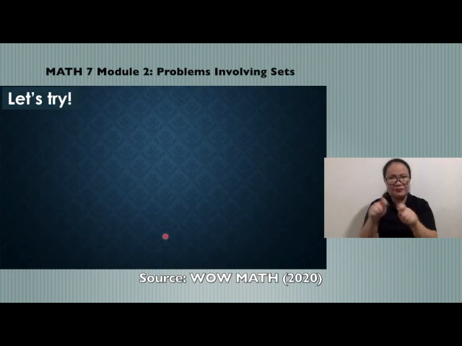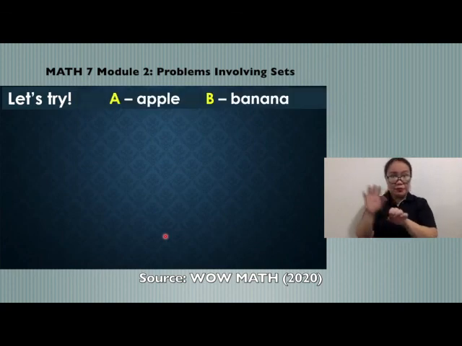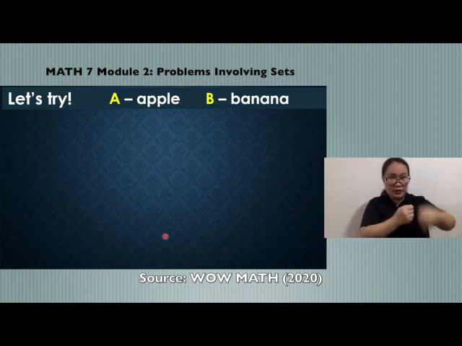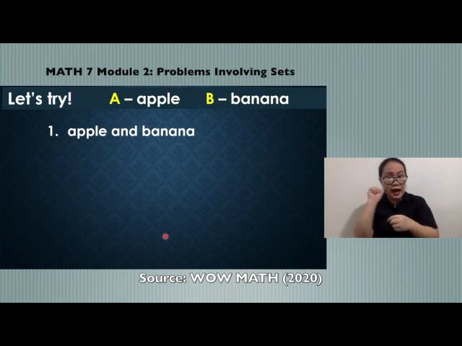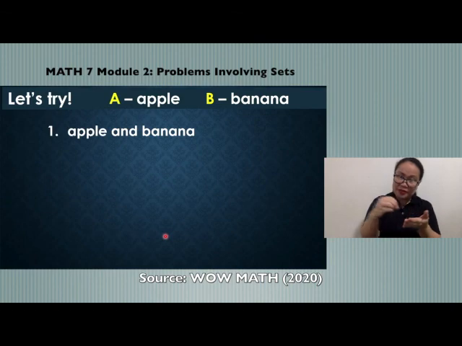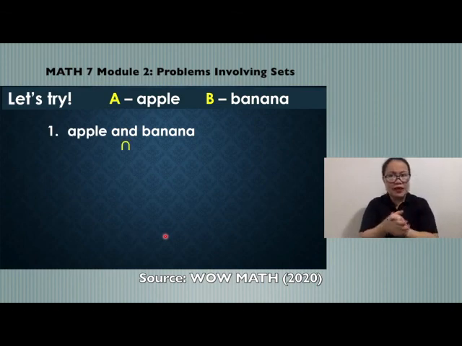So, let's try. So, if you were given two sets, so let us represent apple as A and then banana for B. So how are we going to rewrite the following words into set notation? So dapat alam natin to so that pagdating sa problem solving, we know how to analyze it. Okay? So apple and banana.